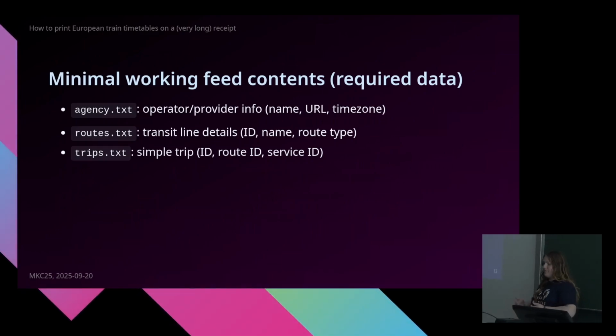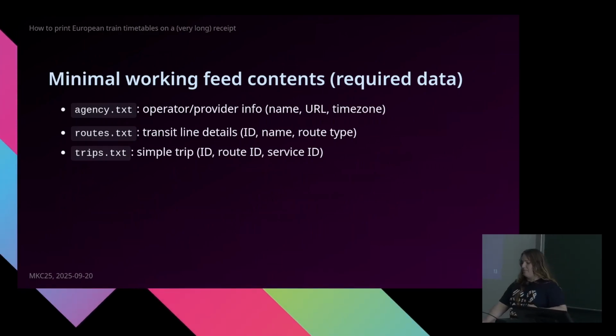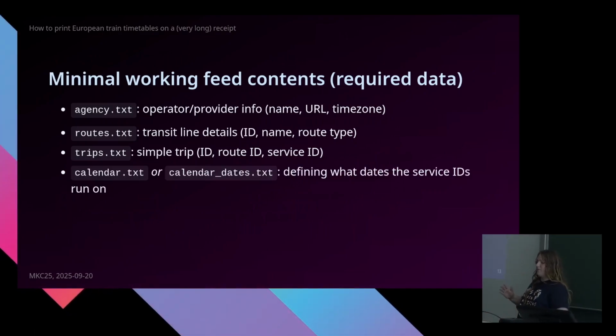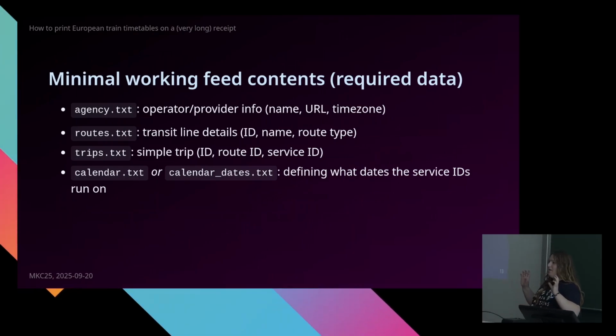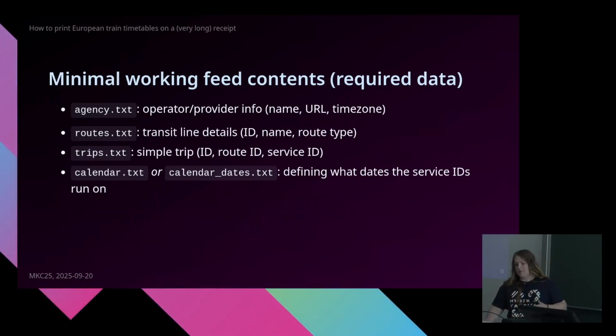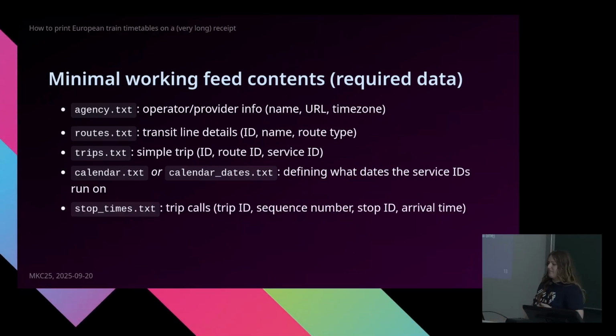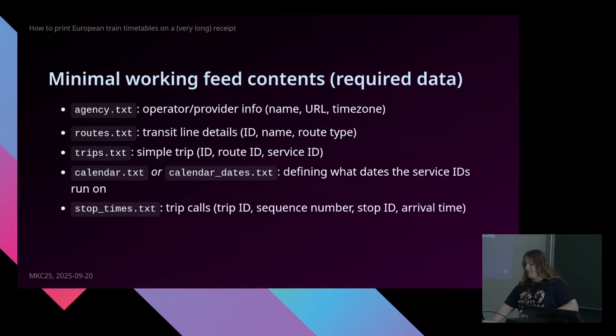There's also trips, which we've covered before, and just has a reference to the services. Then there's also calendars, which are not both mandatory. We can have either one to define what the services are, and we have the actual trip call times.